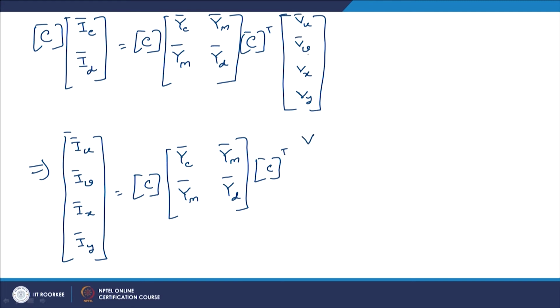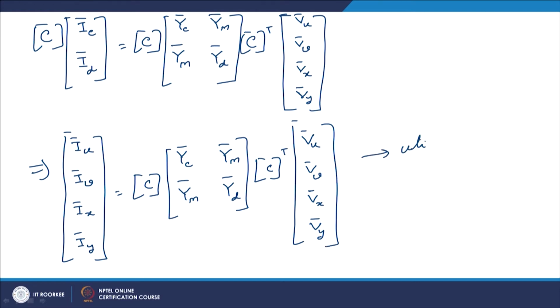All are complex quantities. So, this is utilizing equation 2. Now, we have to look at what this matrix C into YC YM YM YD C transpose is.